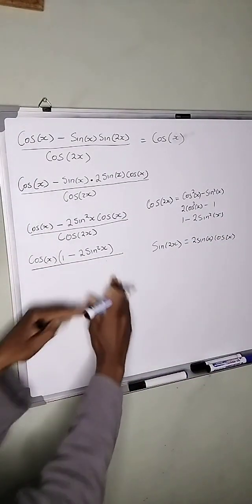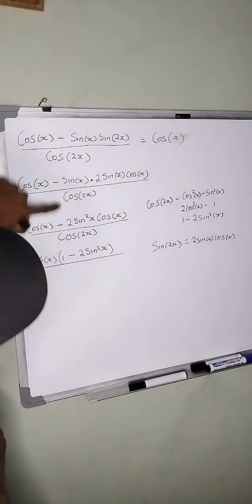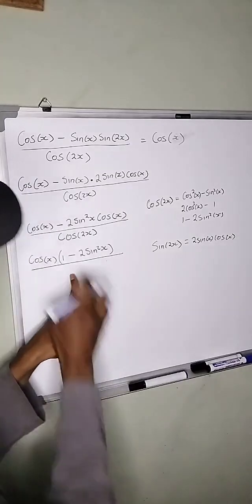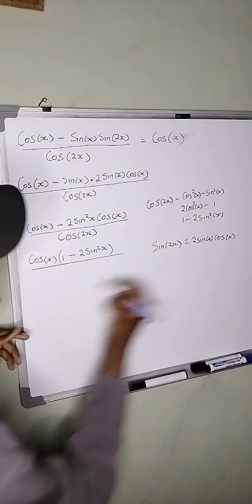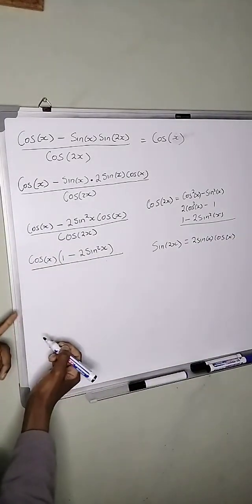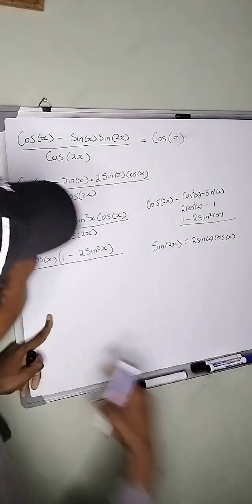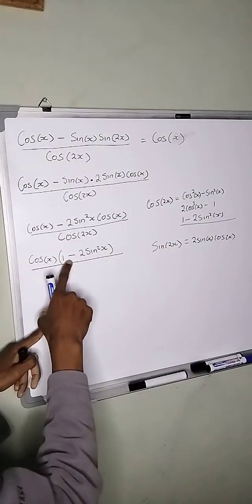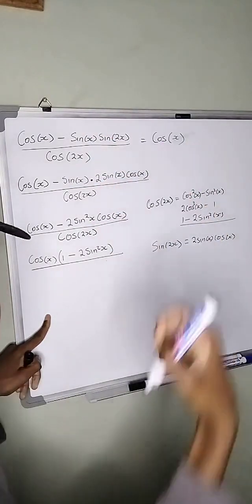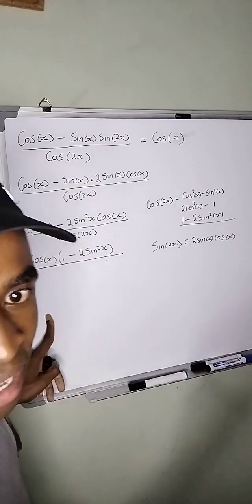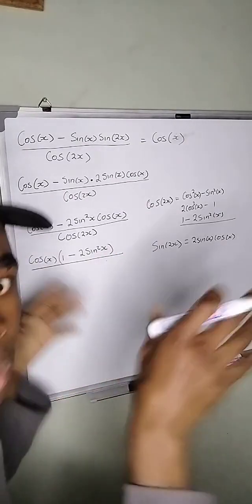So check this out. We worked out everything and still maintained our double angle here and here. Now it's time to use the identity. The identity that is going to work for us is that one, because we see it on our numerator. I'm not going to explain much again, because after this question we are just moving.